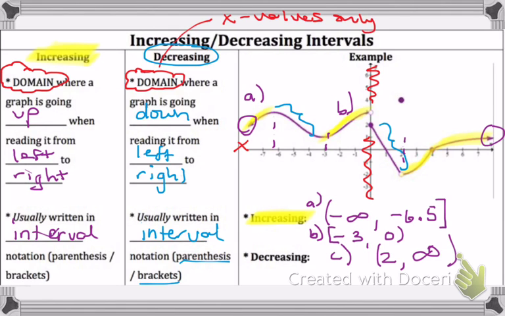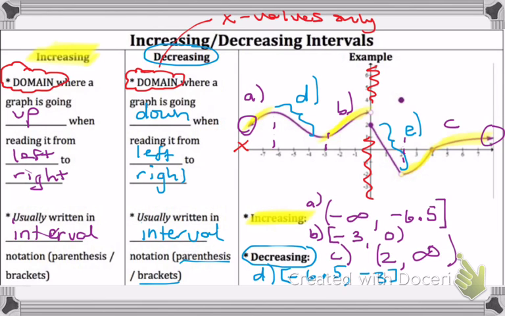So decreasing, we have the A. Let's do A, B, C. Sorry, go back here. This would be C. And then we've got a D here and an E here. So D is going to be decreasing from that negative 6.5 until we get to the negative 3.